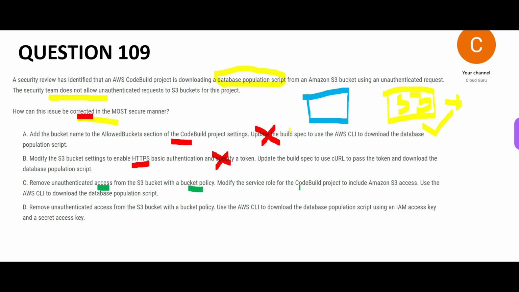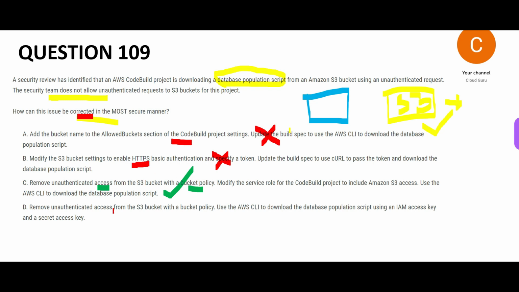They will modify the service role in the blue box to include S3 access. So now you have sorted it out both ways. Once both the boxes, yellow and blue, have been sorted out, you obviously use the CLI and download the script, because now the blue box can access the yellow box and the script is inside the yellow box. So now you can download it using the CLI. So C is correct.